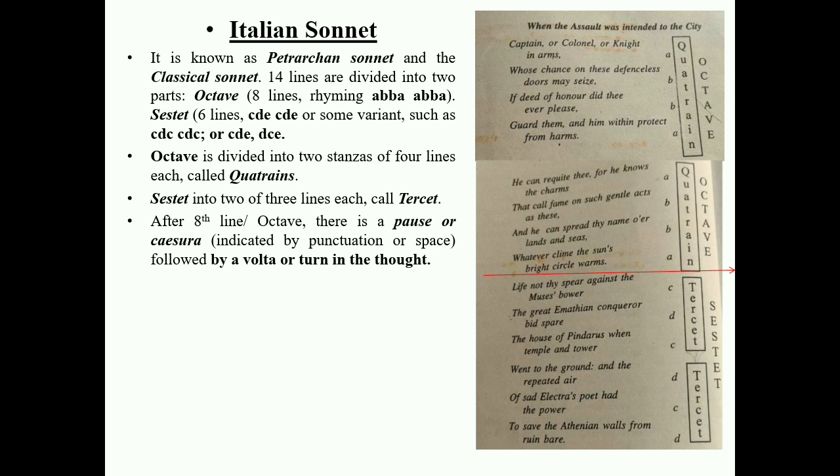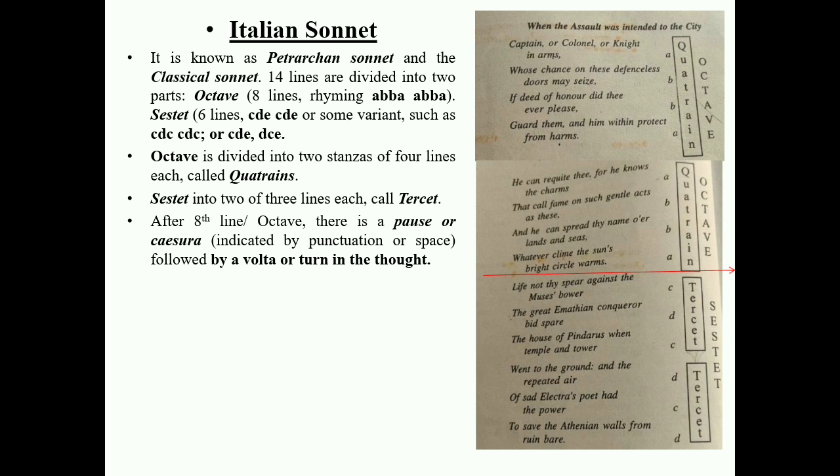Here I have given a line in red color. It is given after the 8th line, where the octave is over. There is a pause or caesura, which is indicated by punctuation or space. Here in this poem you can see after the word warms there is a full stop.